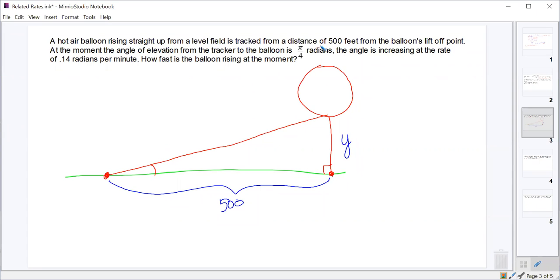Yeah, so even though we talk about a specific instant that we're interested in, at the moment that it's pi/4 radians, this angle is still changing, so we will not label this as pi/4. We will just label it as theta. Okay. Pretty good with that? Wait, does a given angle even matter at all in this case? Yes, it will once we get partway through the problem.